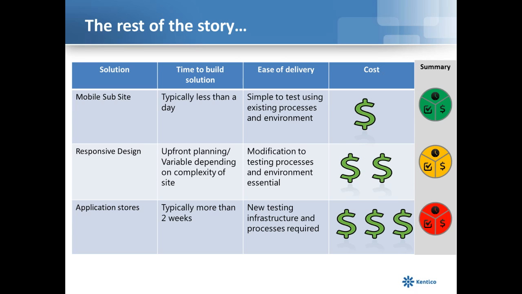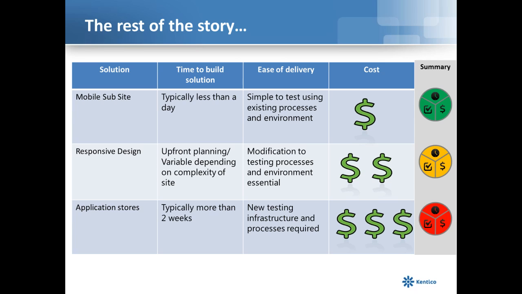Kind of the middle of the road is things like responsive design, right? So the cost goes up a little bit in relation to a mobile subsite, but there is upfront planning and complexity changes, and this can have a huge impact if you already have an existing site with lots of pages that you need to think about. And this is a complexity where your costs can go up exponentially.